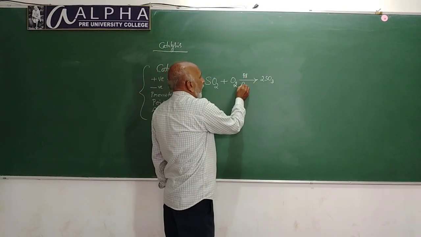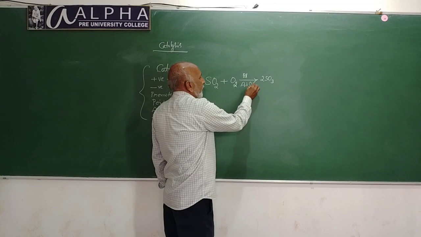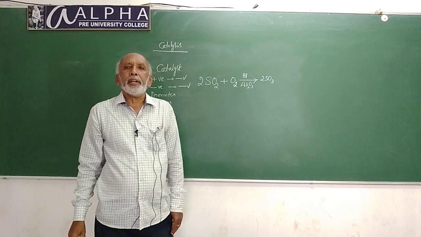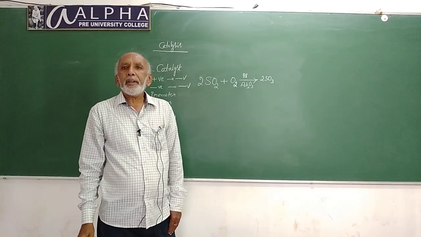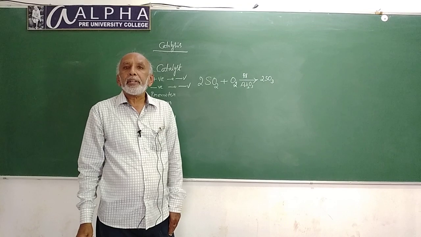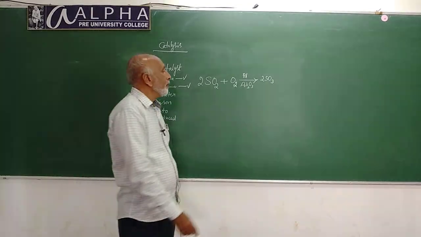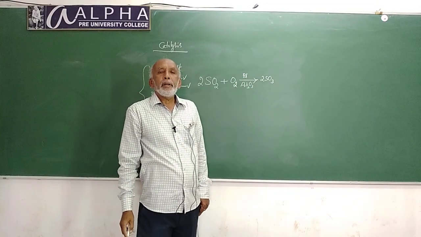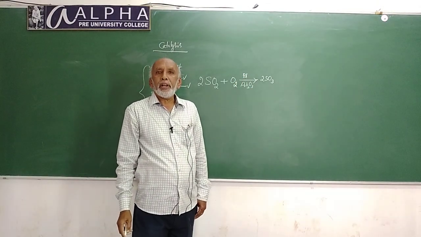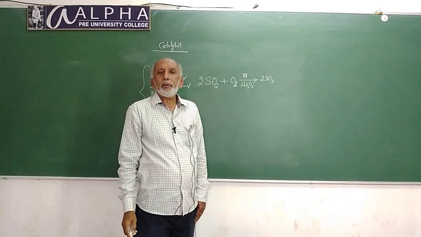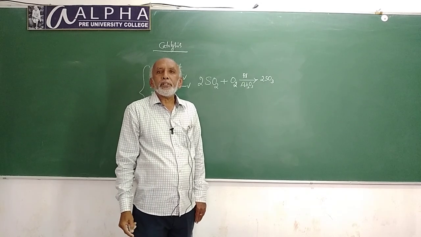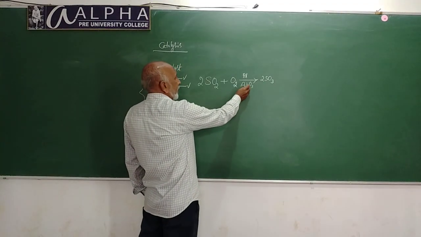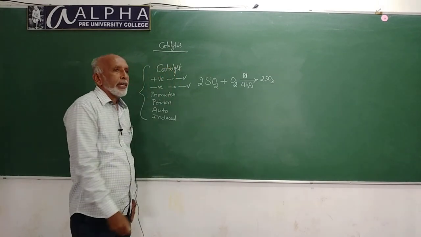Here, if any arsenic substance, As2O3, arsenic oxide, is present in the reaction mixture, it considerably decreases the rate of this catalytic reaction, because it is catalytic poison for the catalyst in the contact process of production of sulfuric acid. So, arsenic oxide acts as catalytic poison.